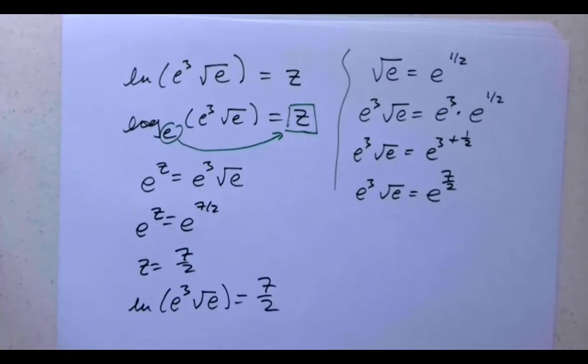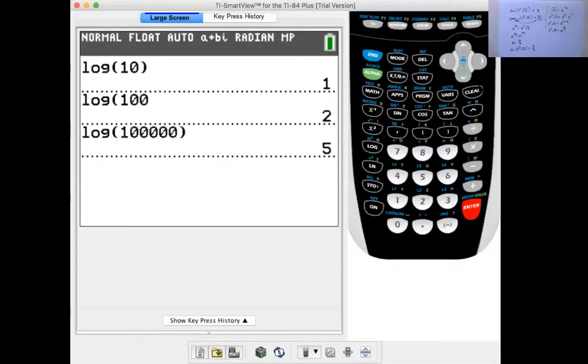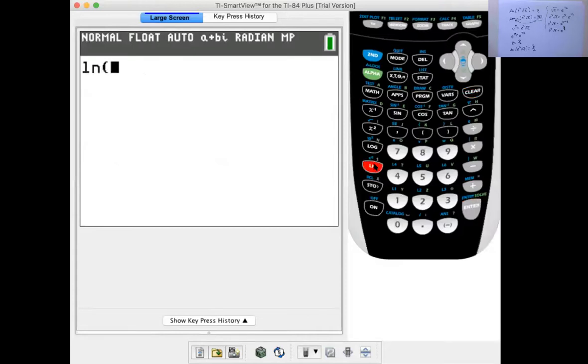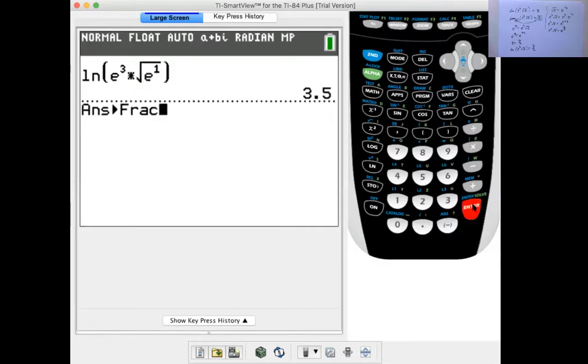Natural log, which is ln, again, remember that means log base e of e cubed times the square root of e, and we hope we get 7/2. Let's see if we do. 3.5, change that to a fraction just to check. And indeed, that is correct.